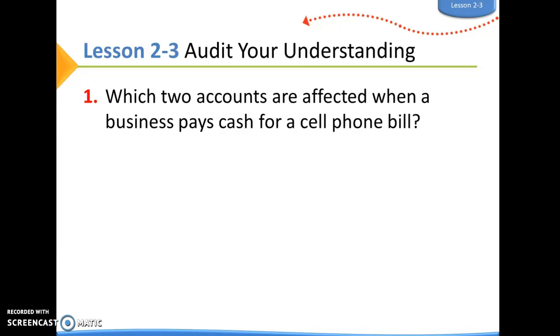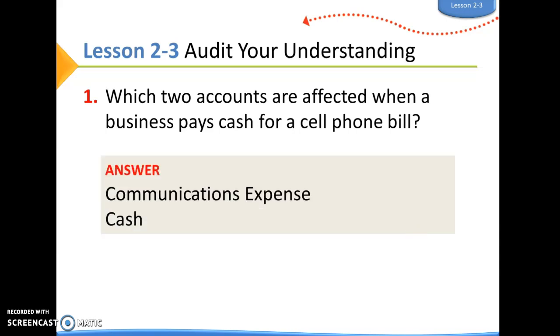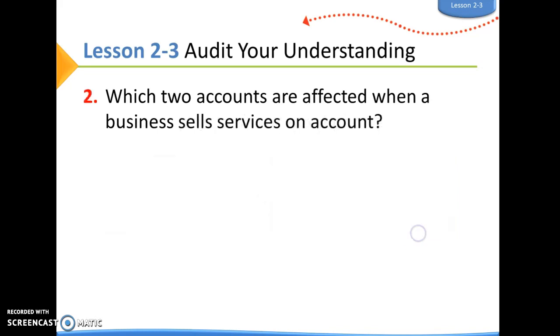Okay, so which two accounts are affected when a business pays cash for a cell phone bill? Michael. Cash and communication expense. Okay. The cell phone bill would be a communications expense. Which two accounts are affected when a business sells services on account?